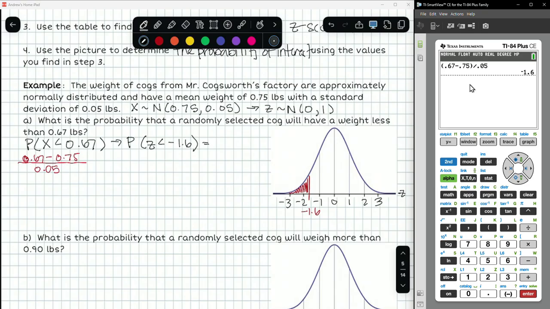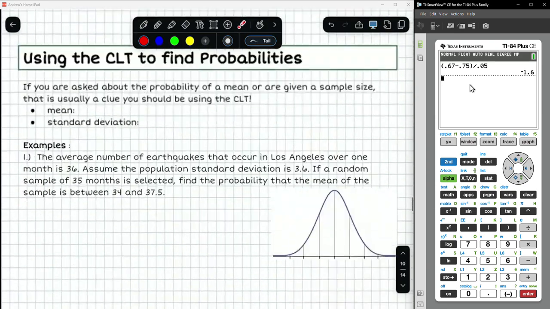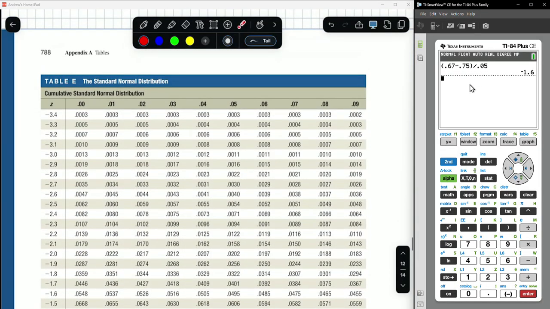To find that, I need to look up this value in the standard normal data table, sorry. So we're going to scroll down and do that. Keep in mind our z-score is negative 1.6. So here is the table of standard normal distribution values. This is the same one I've posted in Canvas.